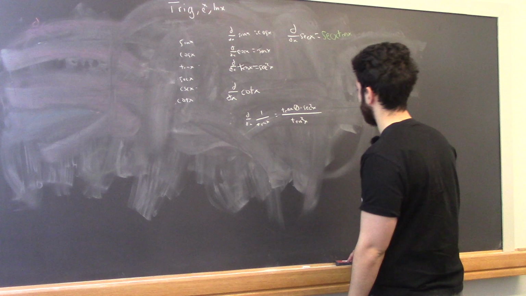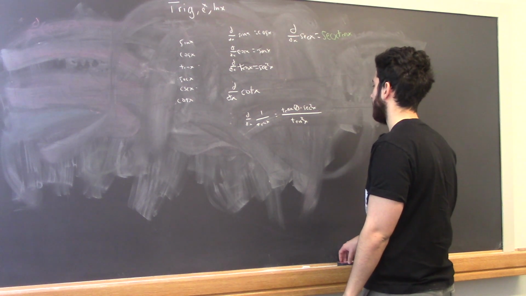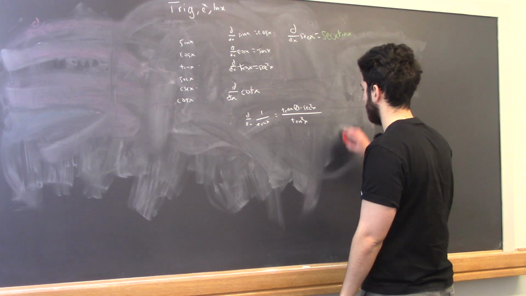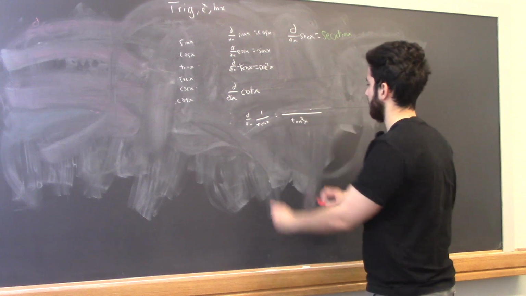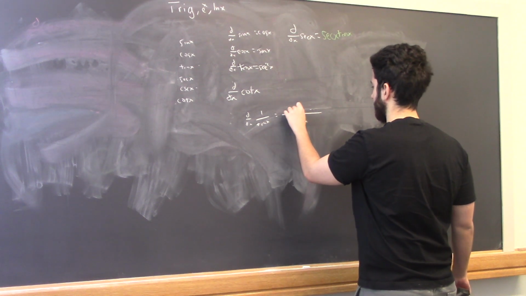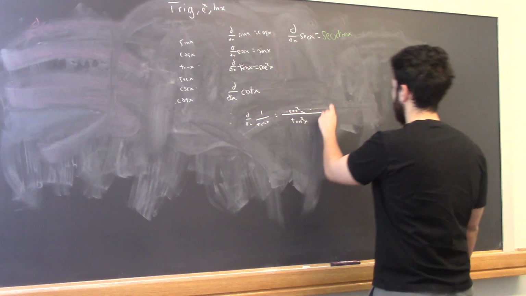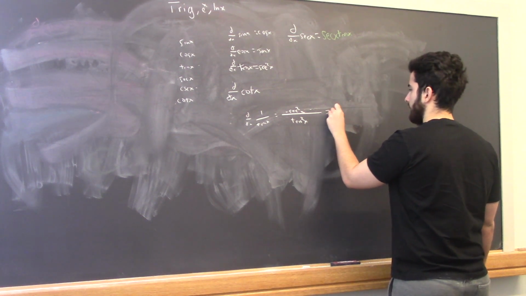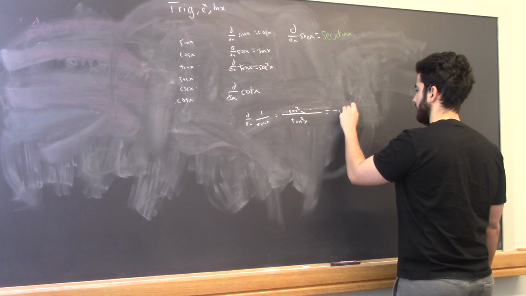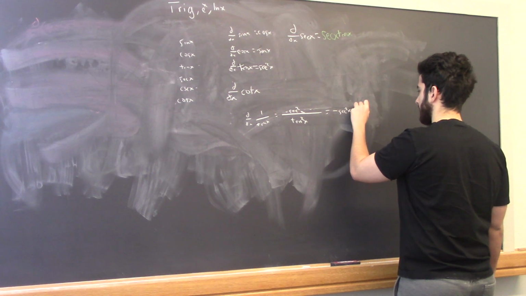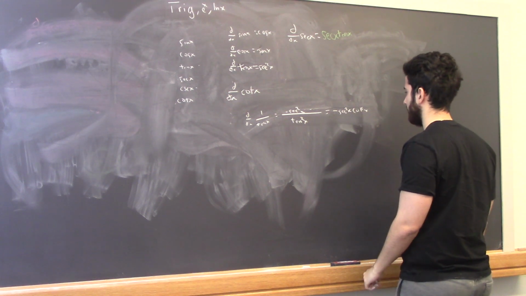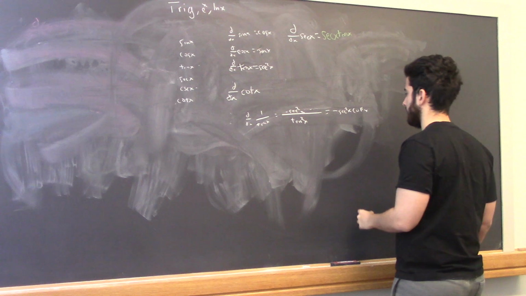So we get tangent of x times 0 minus secant squared of x, divided by tangent squared, which is really just negative secant squared of x over tangent squared of x. And this becomes negative secant squared of x cotangent squared of x. All right, and let's see if we can simplify this.